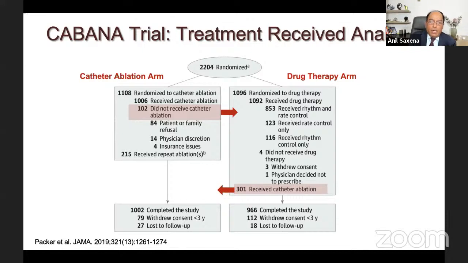This is technically a wrong way of analyzing data, but a practical way, because you should also look at what exactly happens when you analyze the data according to the treatment received. This also gives some important information, but technically the purists will say that this is not the way you should analyze, because you're losing randomization.